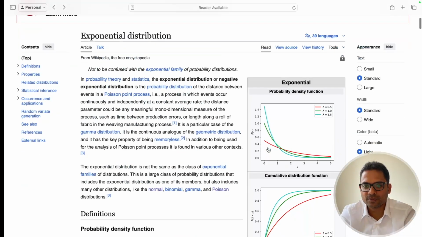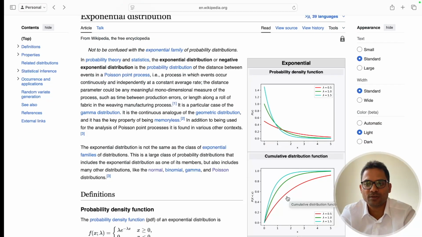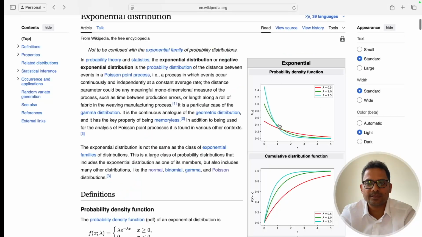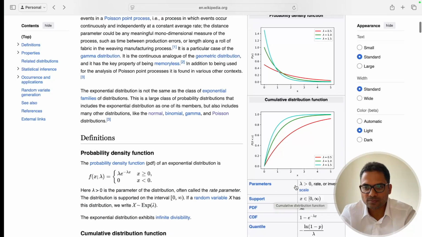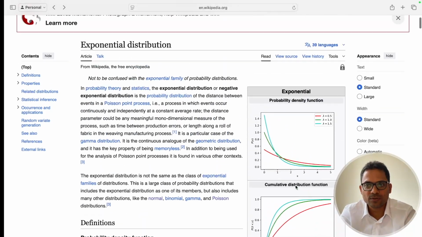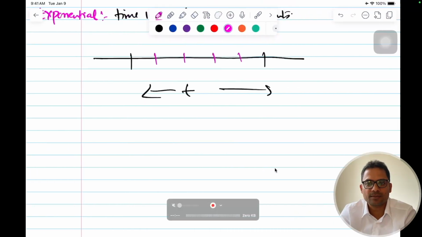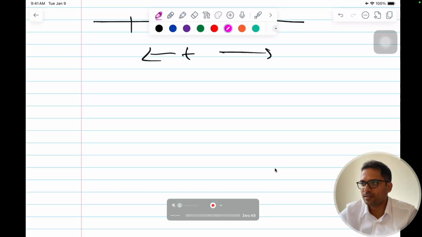All the PDF and the CDF also. The CDF is 1 minus exponential, P(X less than x). This is the decreasing exponential, and this is the increasing exponential because it is summation. All this is very good. Refer to this. Now let's come back to the maths and understand what's the relation and how.